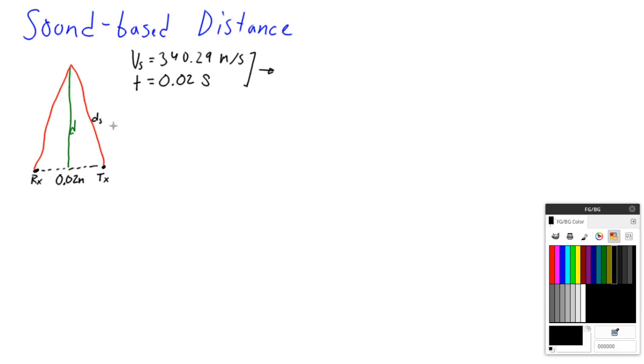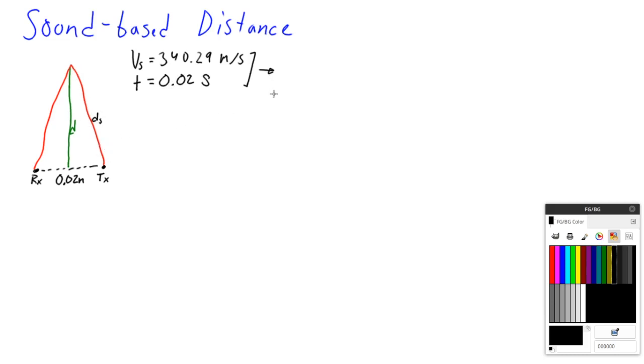Now here's the thing. We actually have two triangles here, right? We've got the distance there and then the distance back. And we can just work with this one right triangle because it's easier to work with right triangles. So really we can just take our time and divide it by 2. Our time divided by 2 is going to give us this length here.